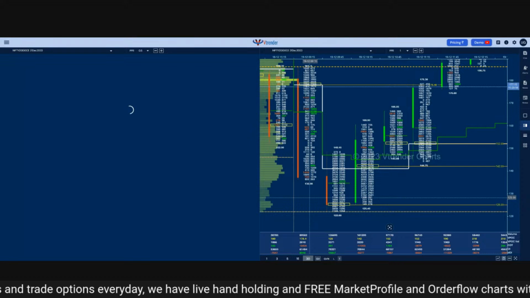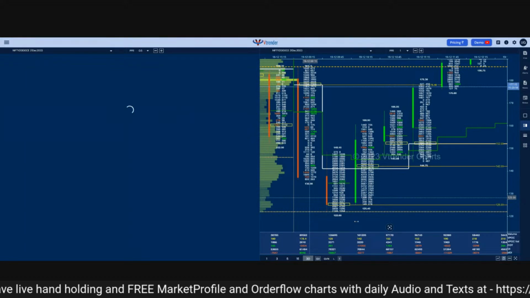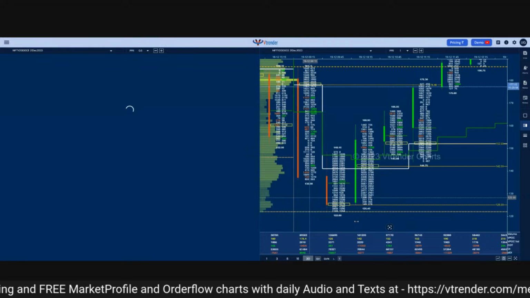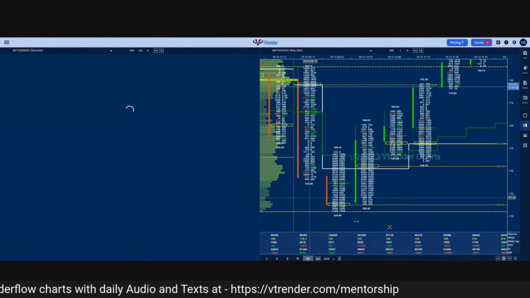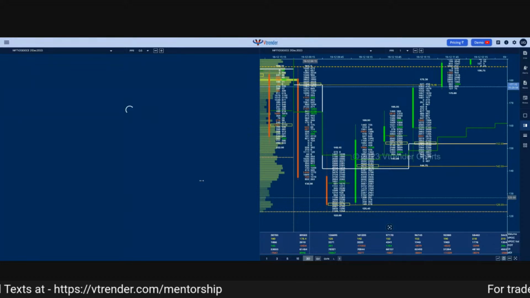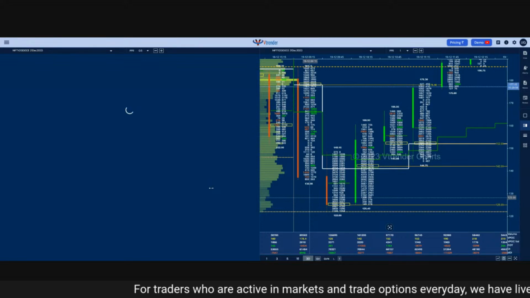Once we saw that our support of 21415 is holding in Nifty futures, we were looking for opportunities to enter this call. So how we can make use of the 3-minute order flow chart along with the 30-minute references is what I want to show you, and the trades which we had taken.